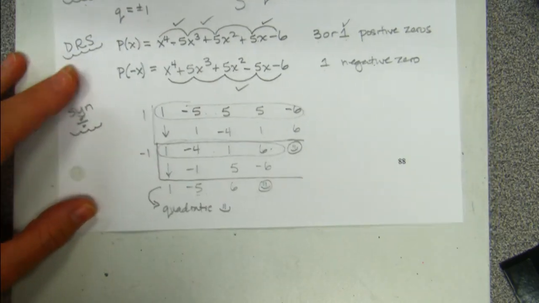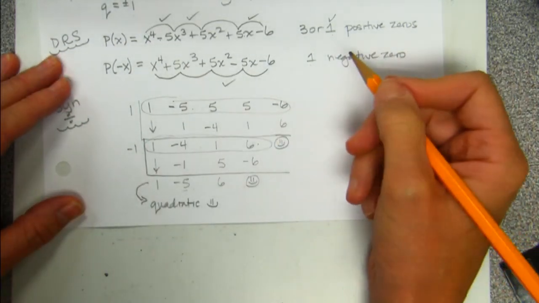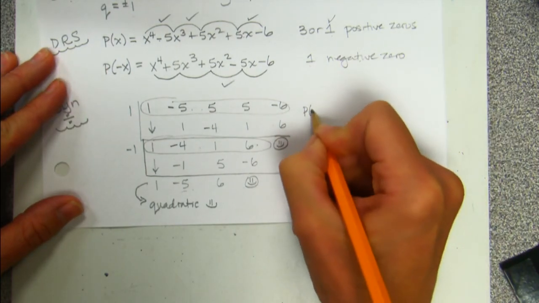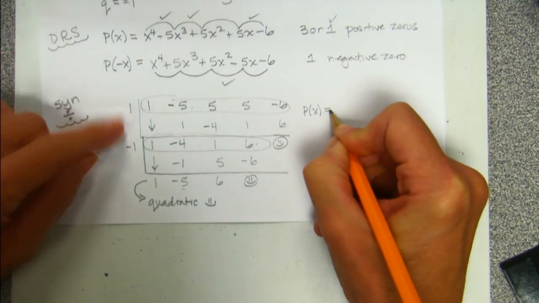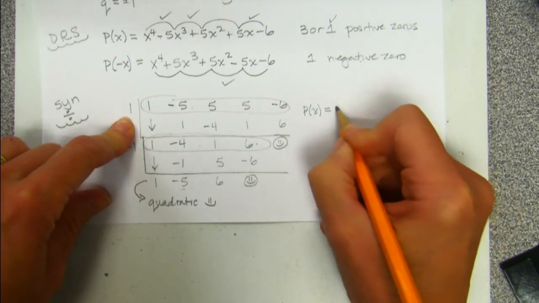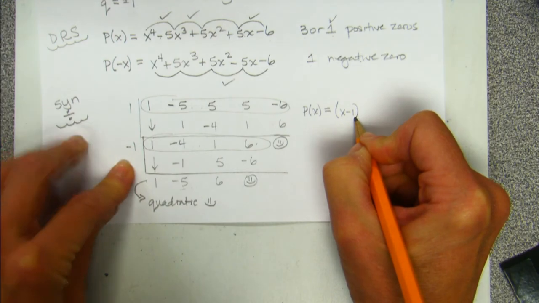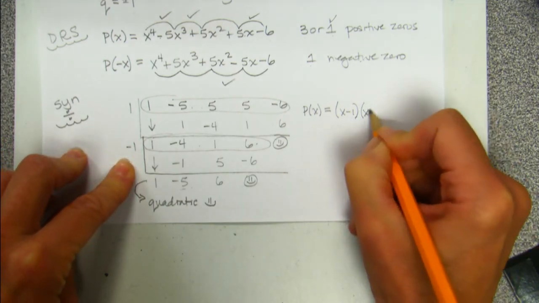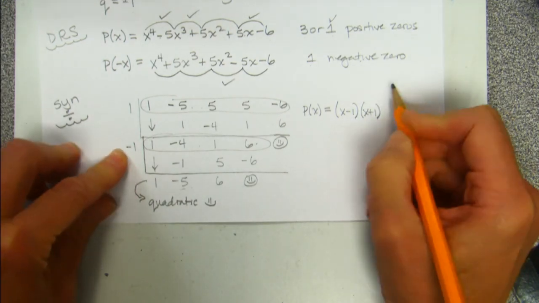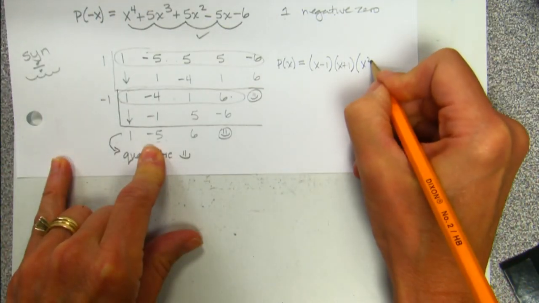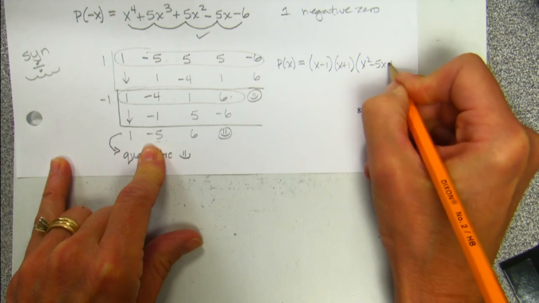How do we wrap up this problem? We are going to write our p of x as, if 1 is a 0, then x minus 1 is a factor. If negative 1 is a 0, x plus 1 is a factor. And what we're left with down here is x squared minus 5x plus 6.